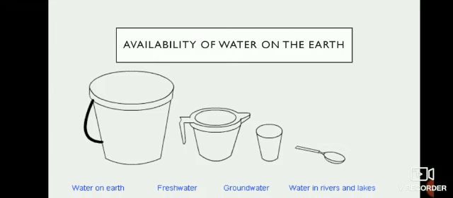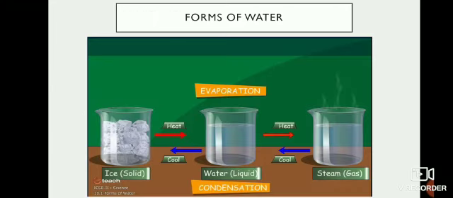Now let us see what are the forms of water. All of us know that water is available naturally in three forms. What are those three forms? Solid form, liquid form and gaseous form. Let us understand about the solid form of water.